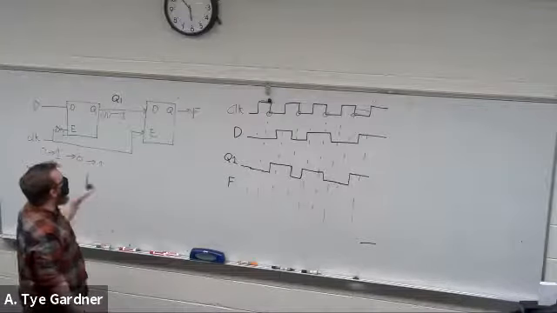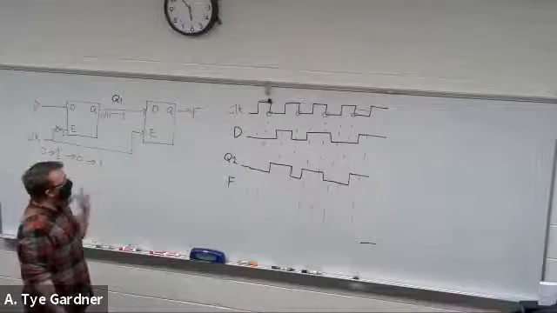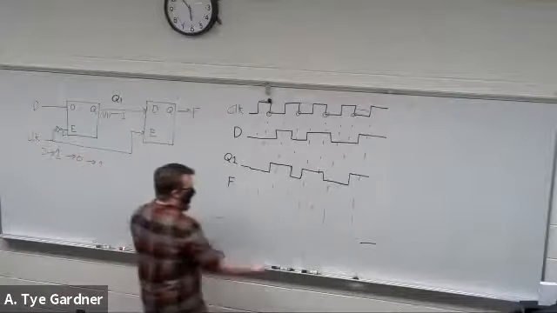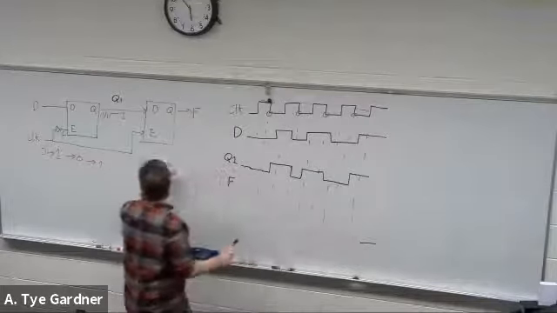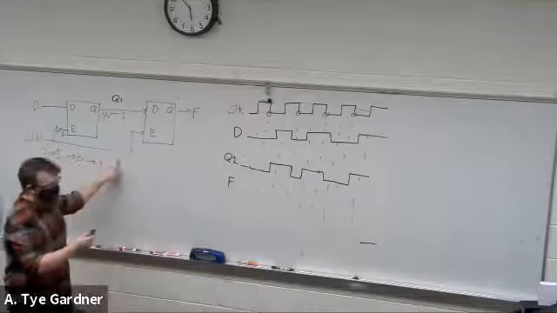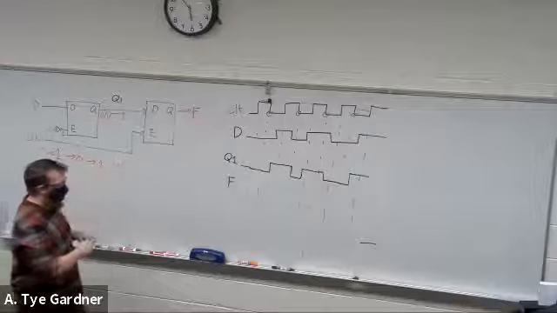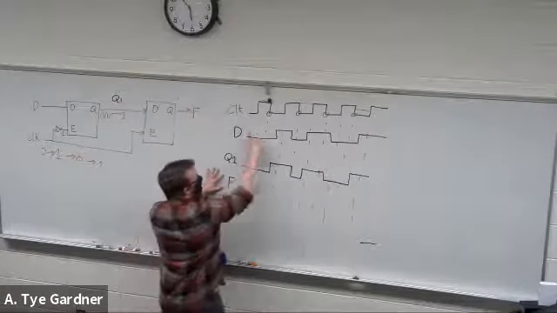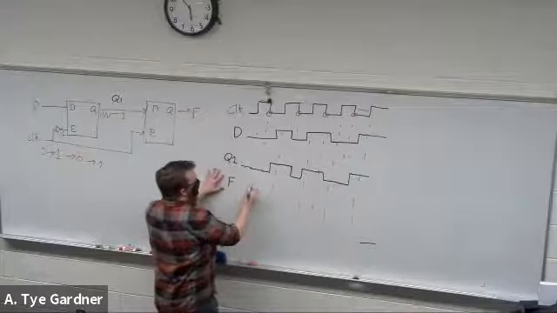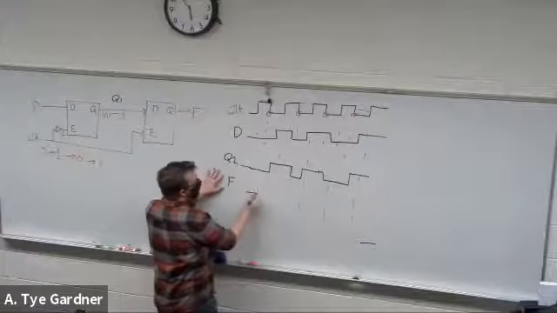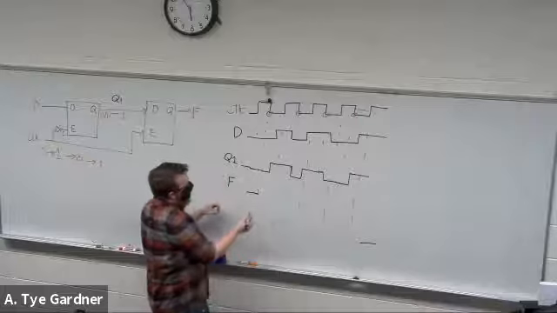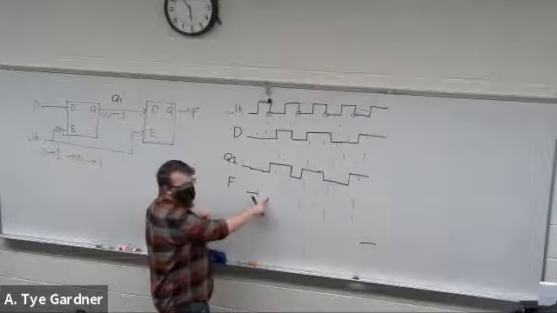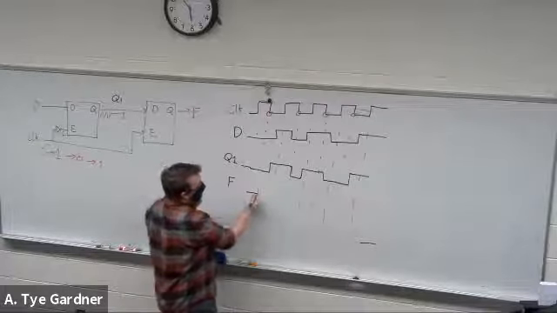Now, F is going to just follow what's happening on Q1 when clock is 1, right? So clock is 1, we follow 0. And I'm just going to hold on to that for the entire duration of what it was, right?